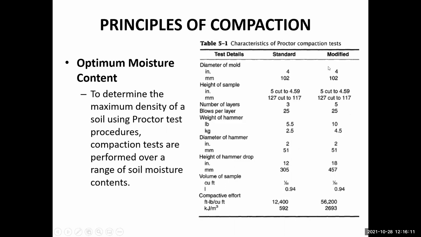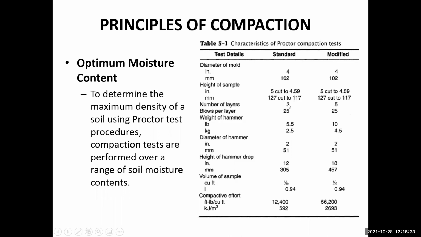First of all, let's see what the characteristics of these two tests are. The Proctor tests are the standard and the modified. In the standard test, we use a 102 millimeter mold, which is the same as in the modified test. Similarly, the height of the sample is 117 millimeter in both tests, but the difference comes in the number of layers.